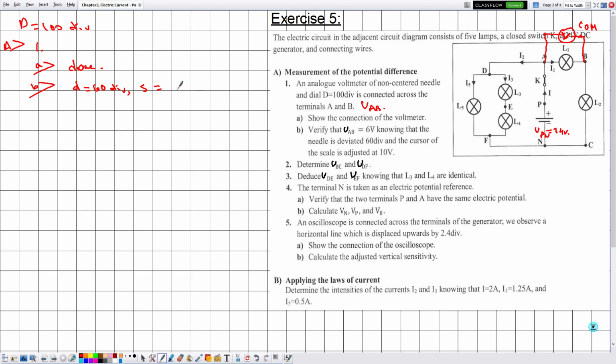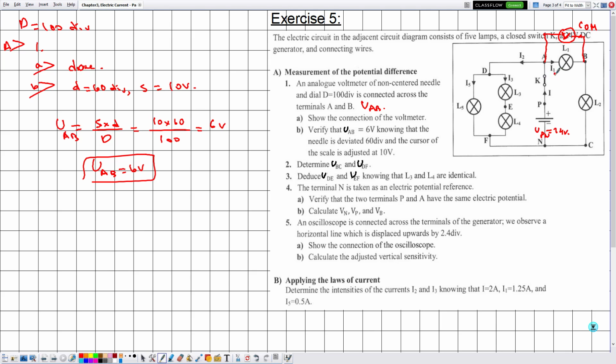And the scale is adjusted to 10 volts, and this can be done using the formula U is equal to S multiplied by D divided by capital D. We are measuring the voltage UAB, so this is equal to 10 multiplied by 60 divided by 100. Plugging this on the calculator, this is given by 6 volts. So UAB is equal to 6 volts.